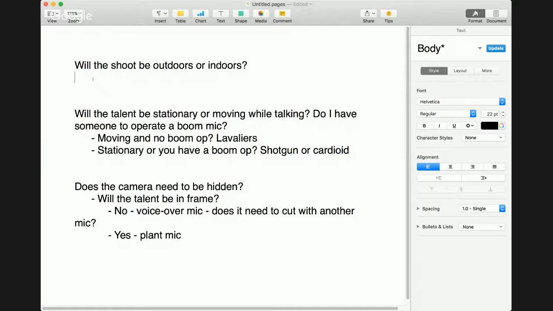When you're working on a production with other people, or even with your own little crew, maybe it's just you and a friend, you have to have someone dedicated to operating a boom mic if your talent's moving at all. And that's one less person to do a lot of other stuff that you need to do.